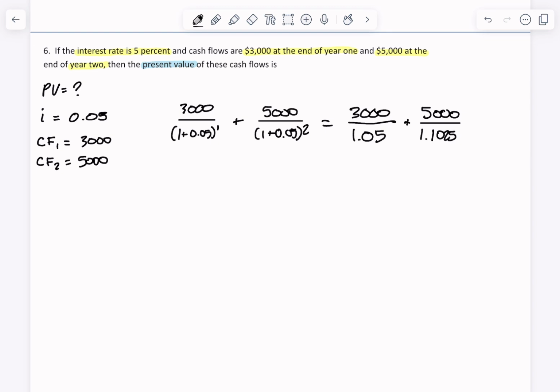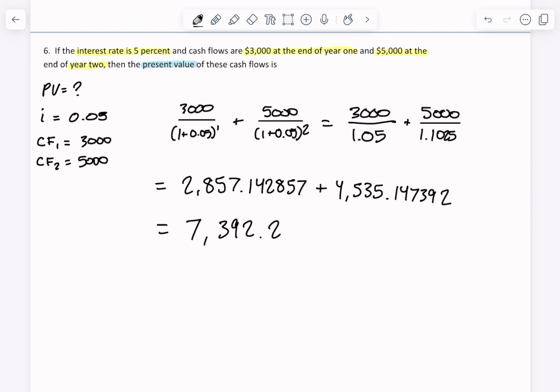And if you're confused what this says, it should say 3,000 over 1.05 plus 5,000 over 1.1025, which was found from 1.05 to the second power. Now, just writing everything out without rounding, and then I'll get to my final answer of 7392.29.